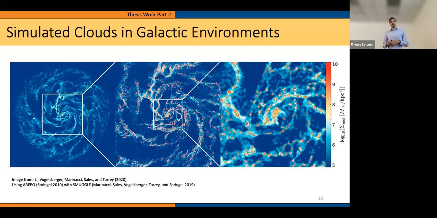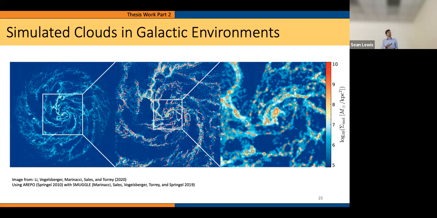And so it would be ideal for us to initialize our simulations using gas clouds that have formed under more realistic environments. For example, this simulation work from a colleague of mine, Hui Li, modeling an entire galaxy. You can see the galaxy swirl here. All of this that we're showing in color is the gas that is present there.